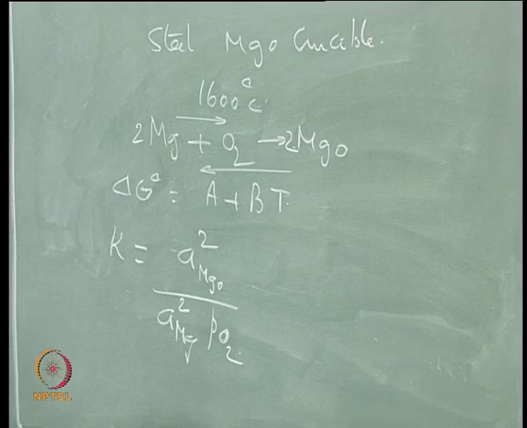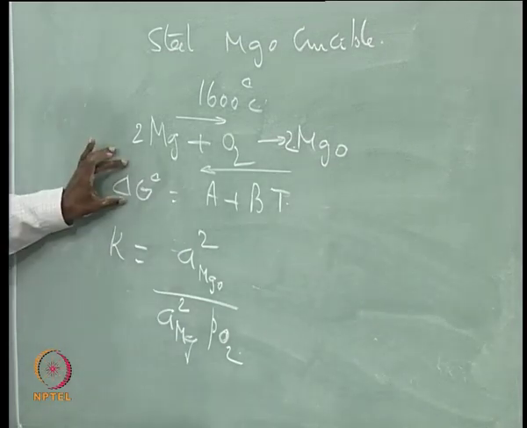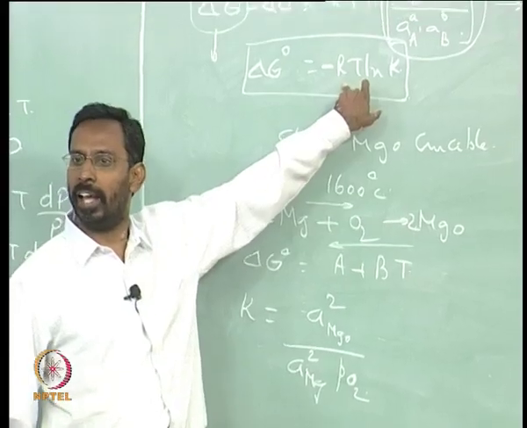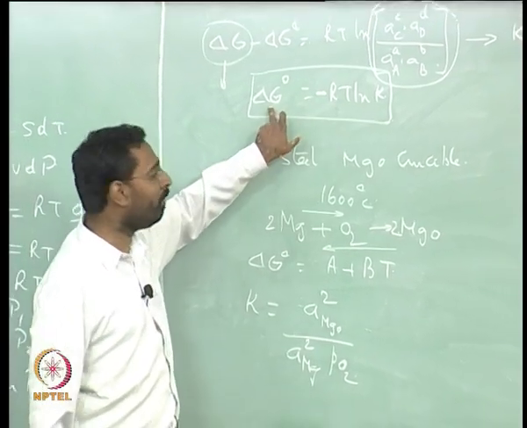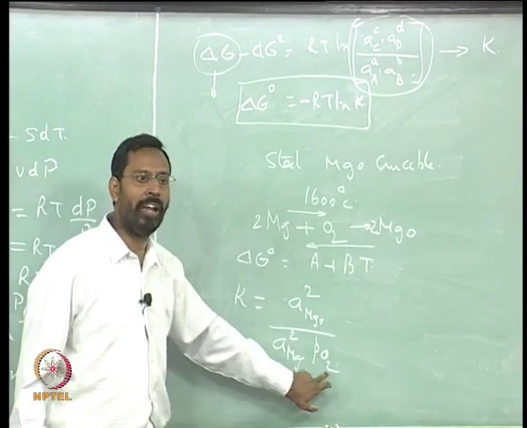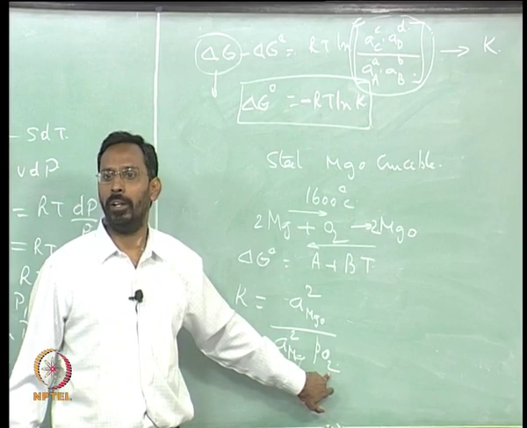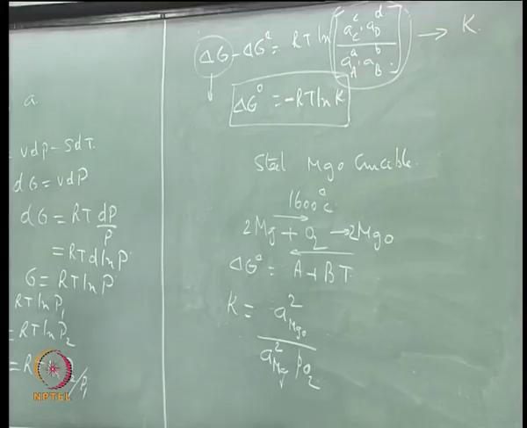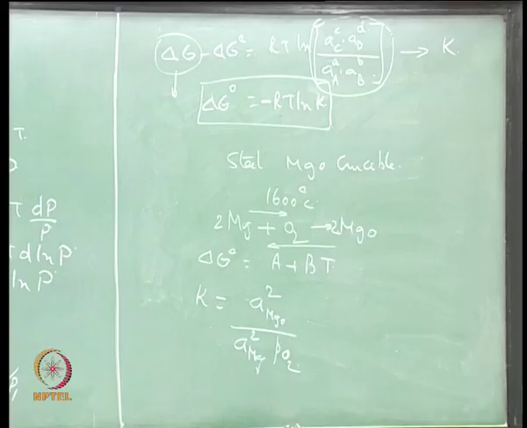So, convert it into Kelvin, put it into this, so you will know delta G naught, and delta G naught we know is nothing but minus RT ln K. Once I know delta G naught I will know K, and once I know K I will know the equilibrium partial pressure of oxygen at that temperature, which will keep on changing at different temperatures.